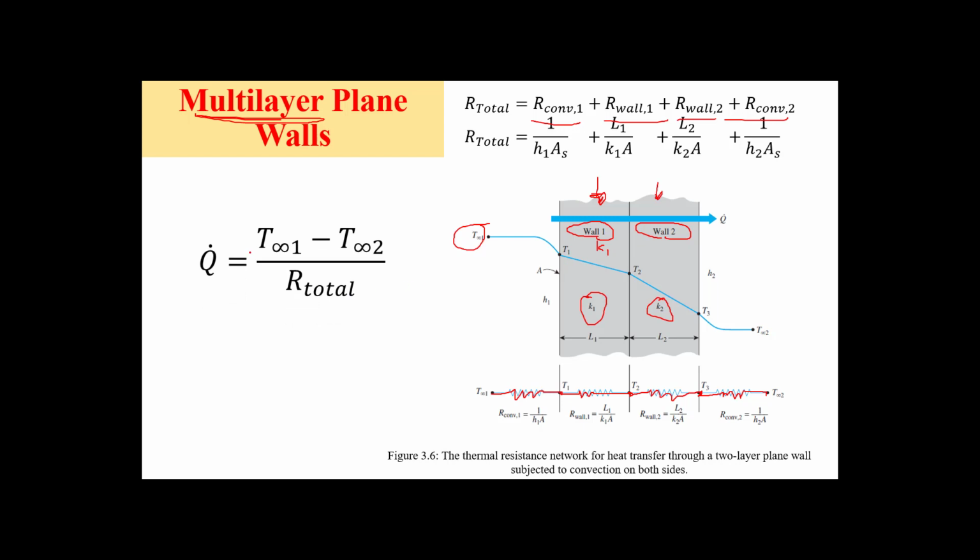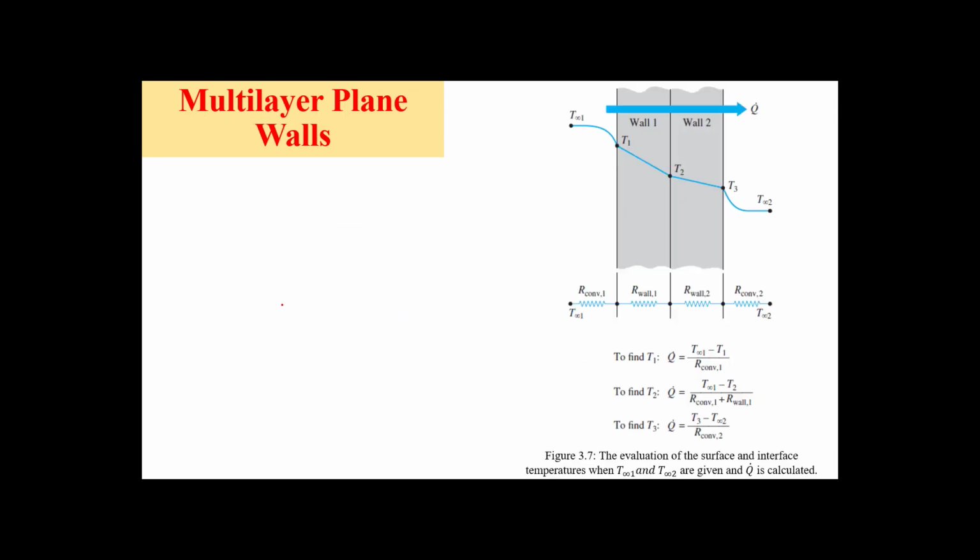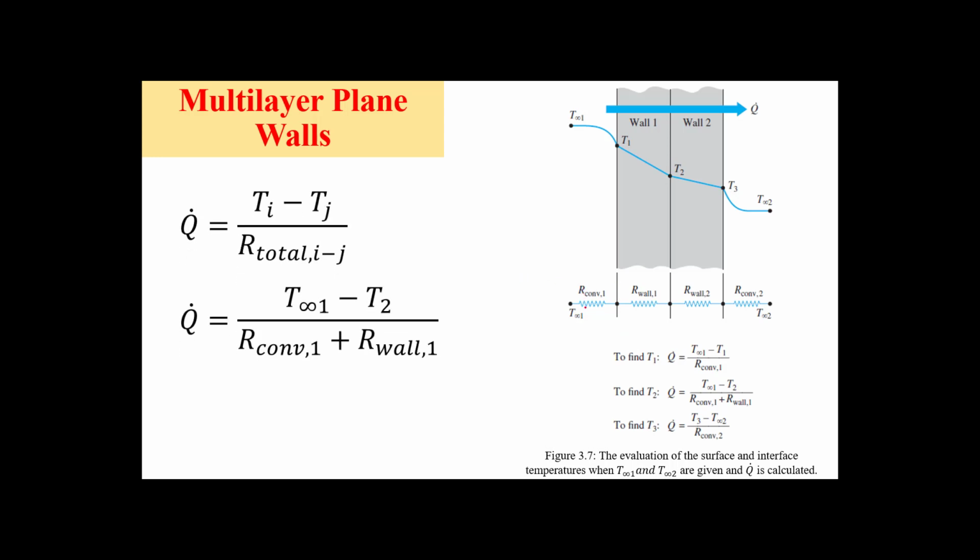So Q total will equal the starting temperature minus the end temperature, T infinity 1 minus T infinity 2, divided by R total, and R total in this scenario is the summation. Now, we'll go back to our debate. If the question asks you to find, for example, this is T1, this junction T2, and here we have T3.